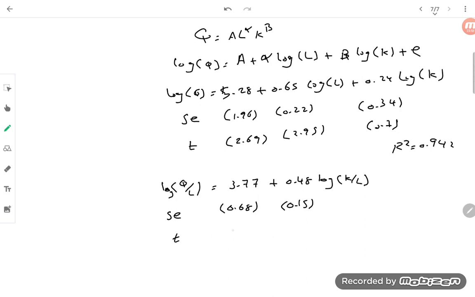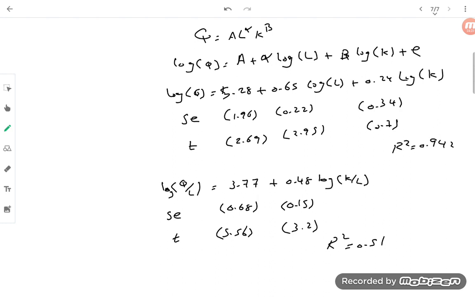T ratios are 5.56 and 3.2. R squared is 0.51. So the values of the estimated parameters are consistent with the theory in this case. So this is considered to be a solution for the multicollinearity problem.